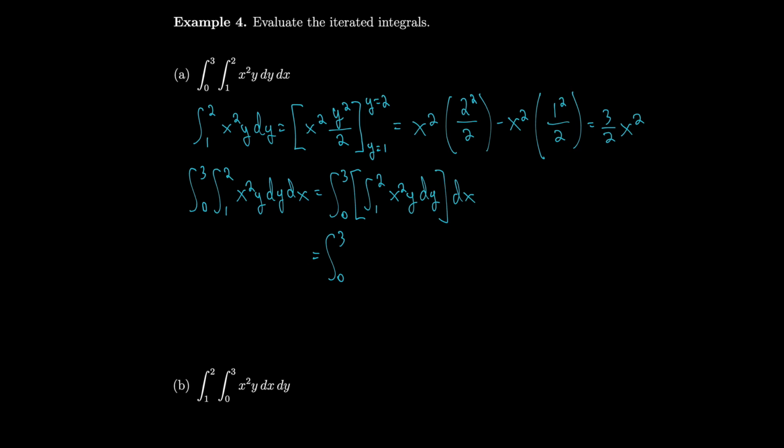Like I said, our y's have disappeared because we plugged in for them. So we just have 3 over 2 x squared dx. That's just a regular integral from single variable calculus. We can do that pretty quick. It's just x to the third over 2. We evaluate from 0 to 3, and we just get 27 over 2. So the only new part is that the inner integral has to be partially integrated, however you want to say it.